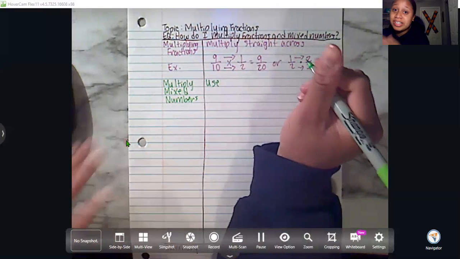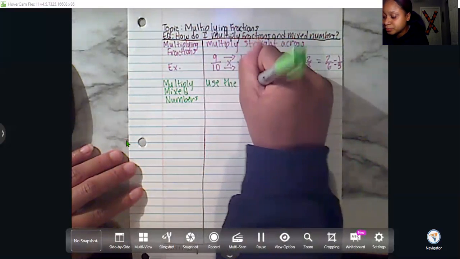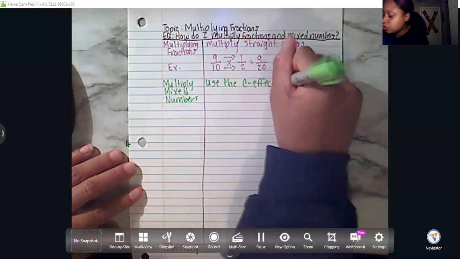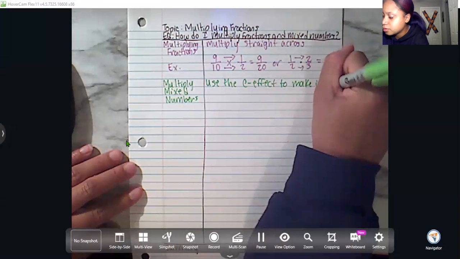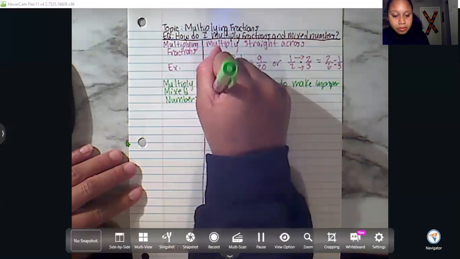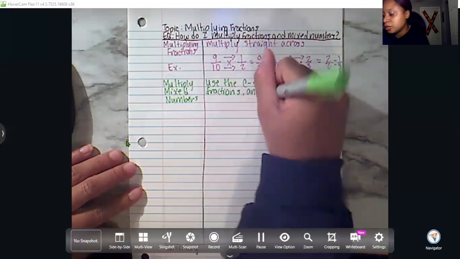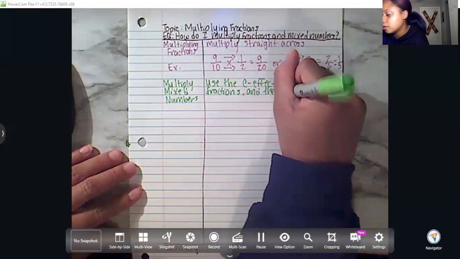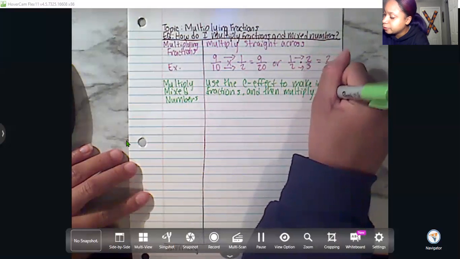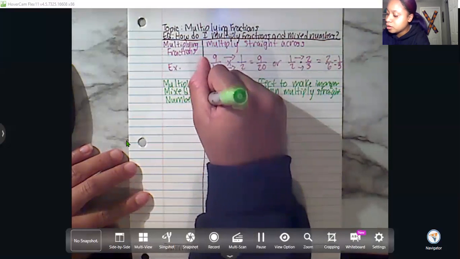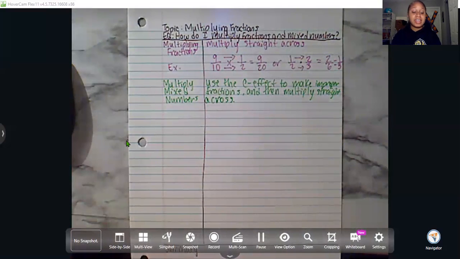What you should remember is the C effect. So first you're going to use the C effect to make improper fractions, and then multiply across just like you did above. All right, so same process, except now we're just adding a step.